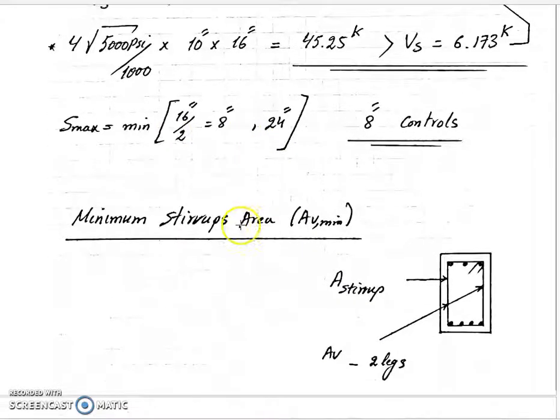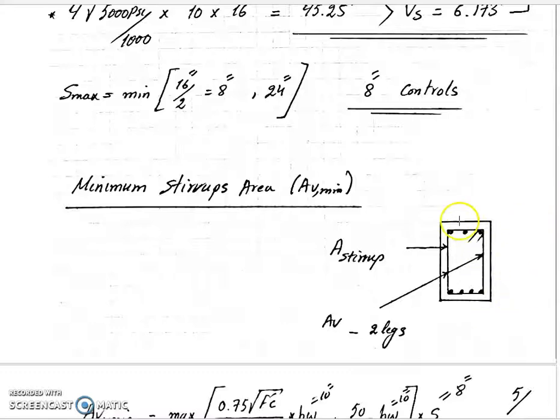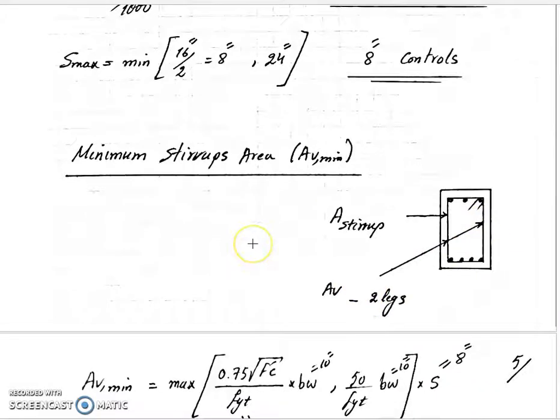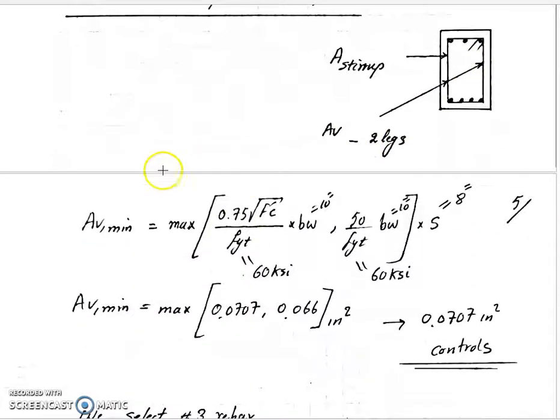Minimum stirrups area. So if we have a beam and we have a stirrup, this is the stirrup area, and this is the Av, we call it. This is for area of two legs. So we can get our minimum stirrup area from these values.